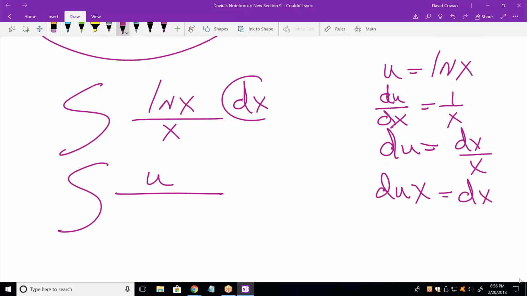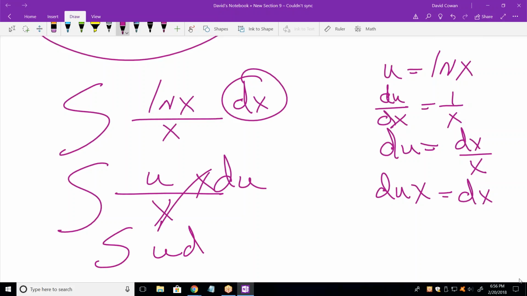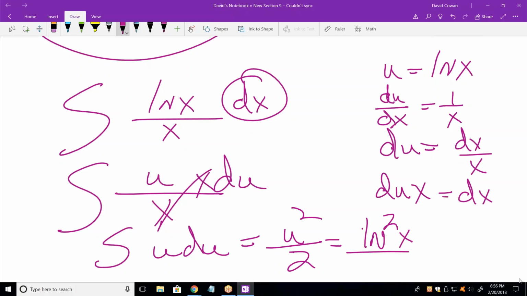Well, what is dx? dx is du times x. I got the x in the denominator. Bingo. That's what I want. I want those to cancel always. And now I've got just the integral of u du, which is u squared over 2, which is natural log squared of x over 2 plus c.